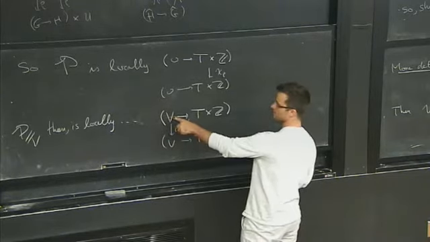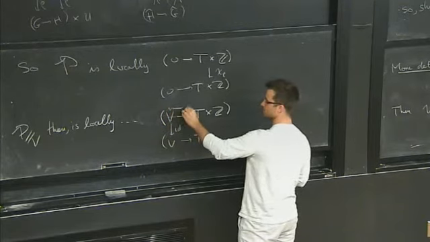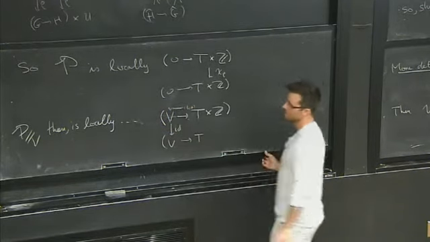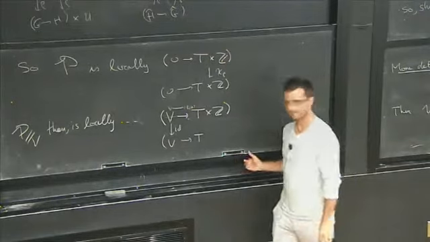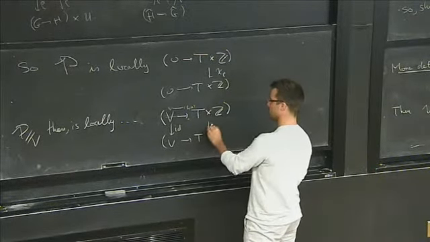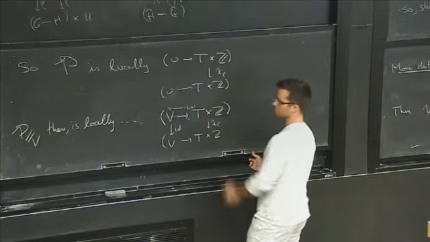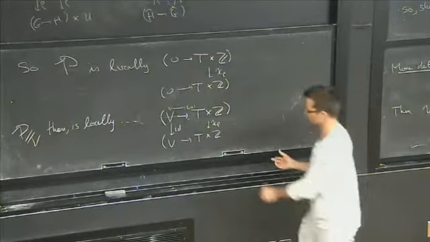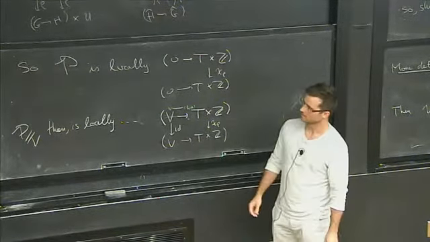And this map, by the way, is just sending v to t comma 0. That's what this map is. Still the chi-rho here. So that gives you a local presentation of script P mod V.